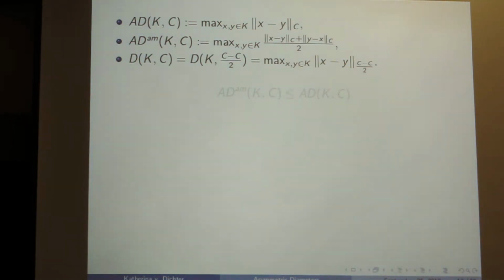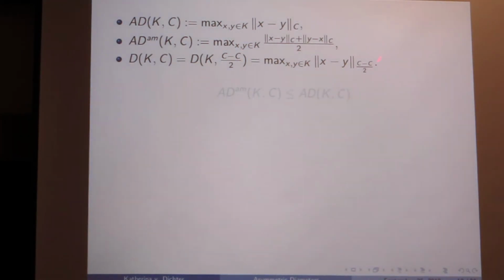But what is interesting, if you remember, is that when C is symmetric, this one was just the maximal gauge function. And if we take instead of C the arithmetic mean of the bodies itself, then their diameter stays equal. So the diameter can be represented as the maximum of the gauge function with respect to another body that is (C minus C)/2.